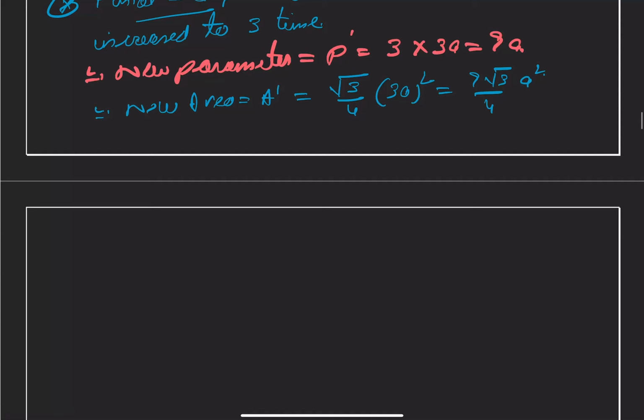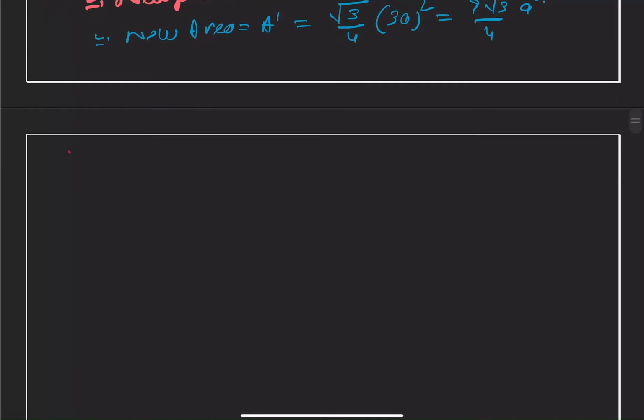The final length of the coil, L final, will be equal to 9 times A.